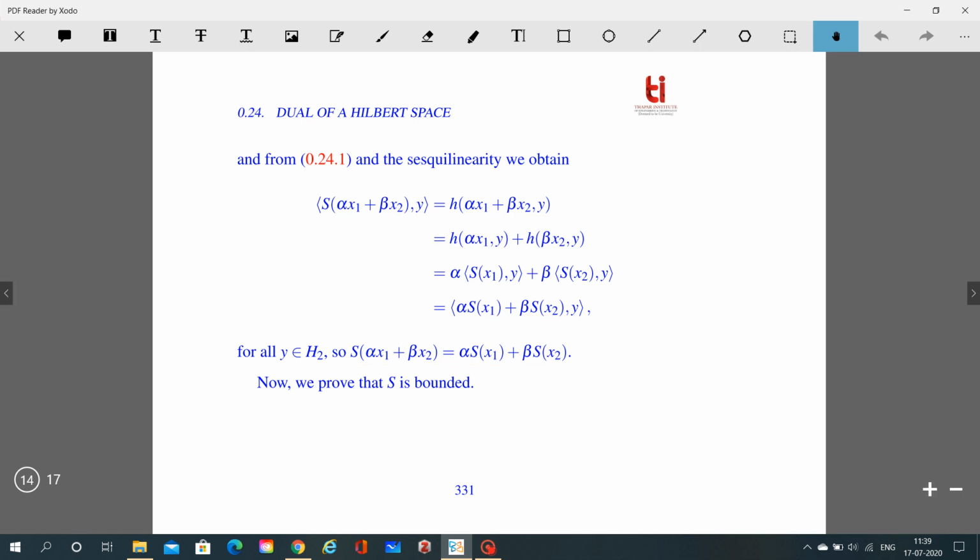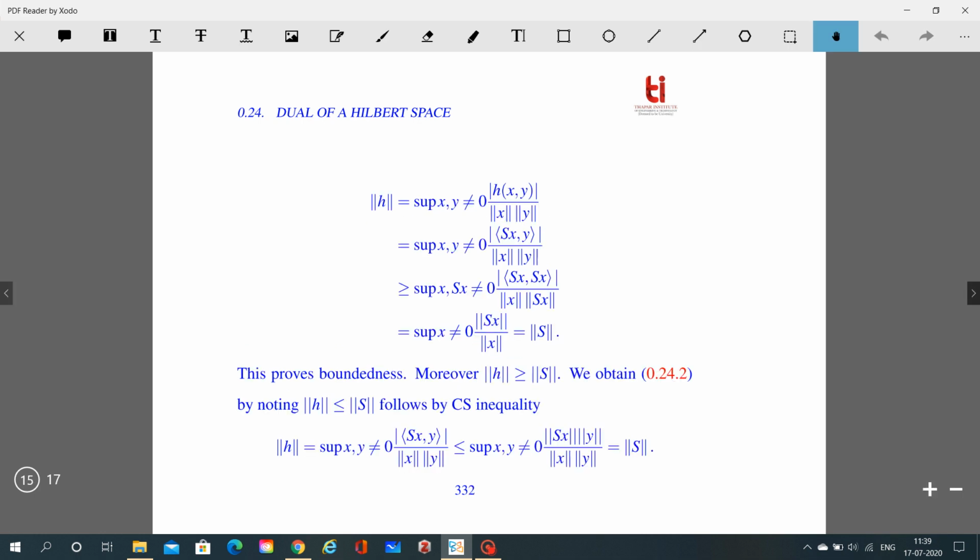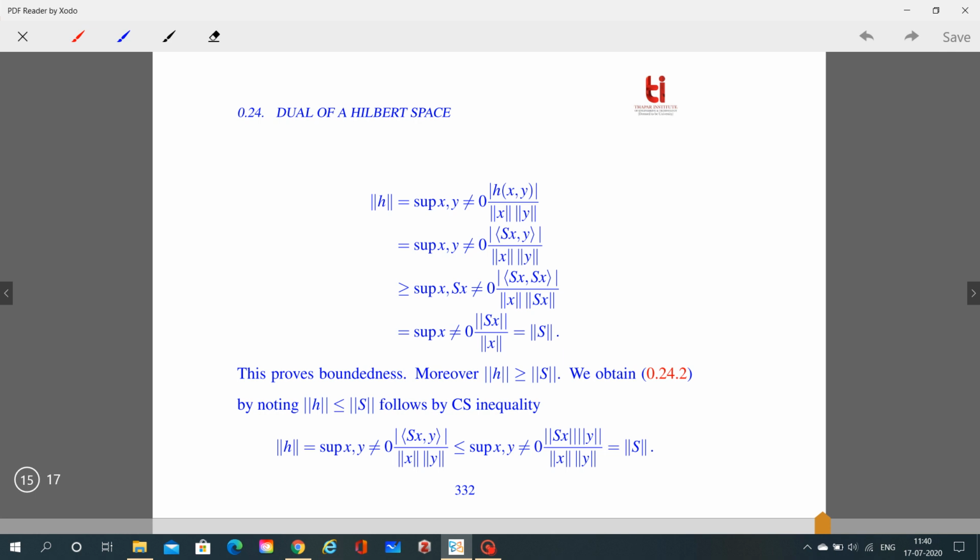Now we prove that S is bounded. The norm of h can be defined as the supremum of the modulus of h(x,y) over the norm of x times the norm of y, where x and y are non-zero. This is equal to the supremum of the modulus of the inner product of Sx comma y over the norm of x times norm of y.